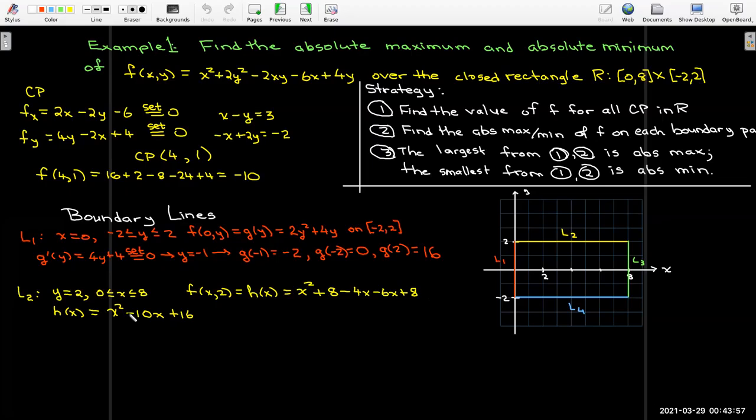I have a function of a single variable over a closed interval, and I'd like to find its absolute max and absolute min. So first, find any critical numbers. There's only one, x equals 5, and then evaluate this h function at the critical number, and then at each of the endpoints. Now notice there's a little bit of redundant work here because h of 0 corresponds to the upper left-hand corner of my rectangle R. That's the same as g of 2.